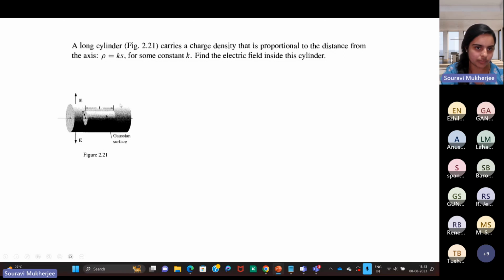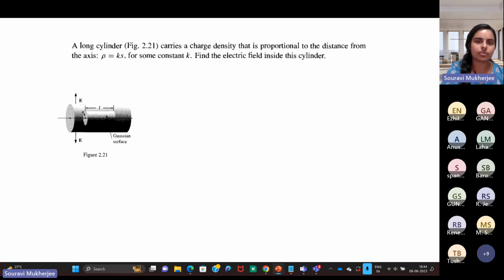So what the picture has considered is some volume inside the cylinder, and in order to use Gauss's law, what do you have to do? If this is your surface, and you want to find your field at a distance s from your axis, you have to consider the total charge enclosed by this volume, right? And then you have to consider your surface element and do a surface integral, right?